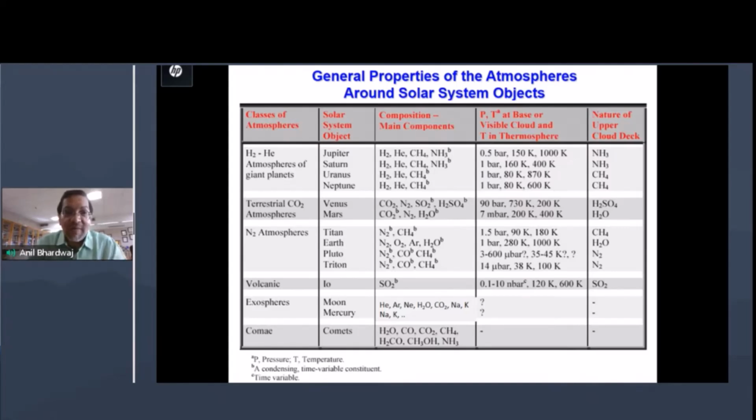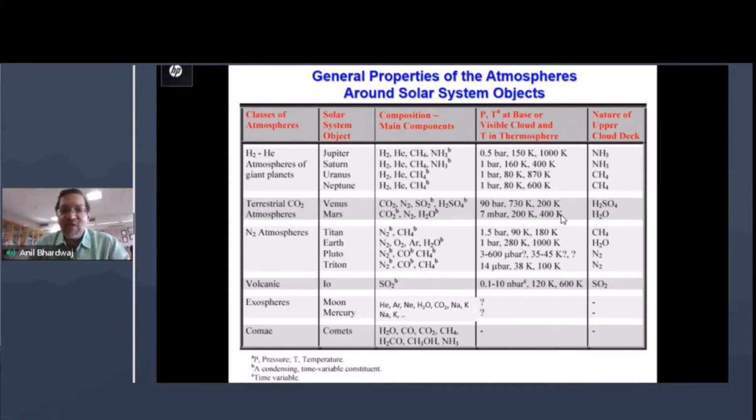But when you go to the outer part of the solar system, Jupiter, Saturn, Uranus, and Neptune are hydrogen dominated, hydrogen and helium. That's why they are called gaseous planets, and that's why their densities are much smaller. And if you look at, for example, Io, which is a satellite of Jupiter, it is sulfur dioxide, SO2, or even comets, which are water dominated, like H2O.